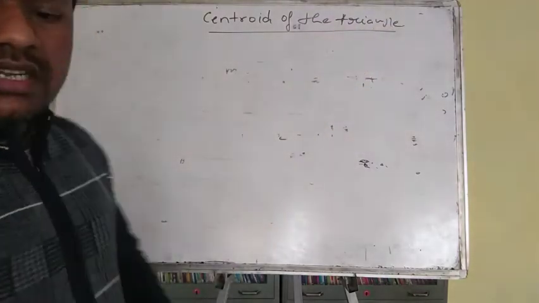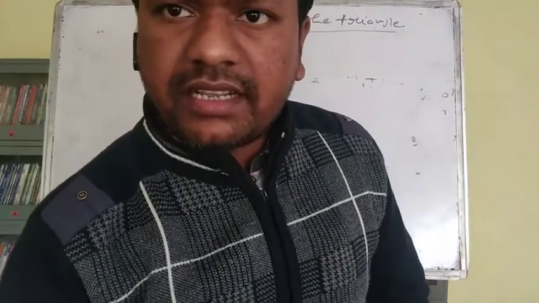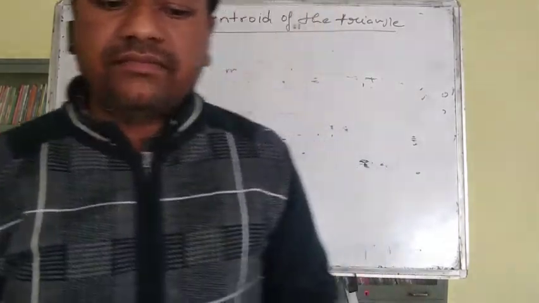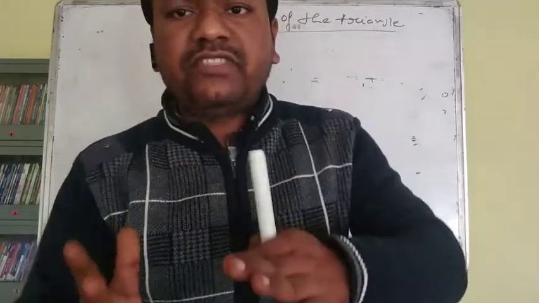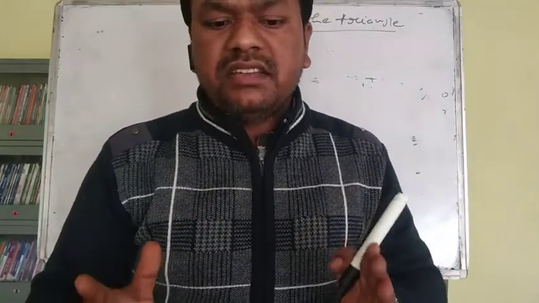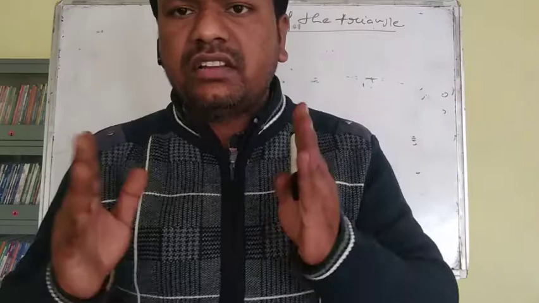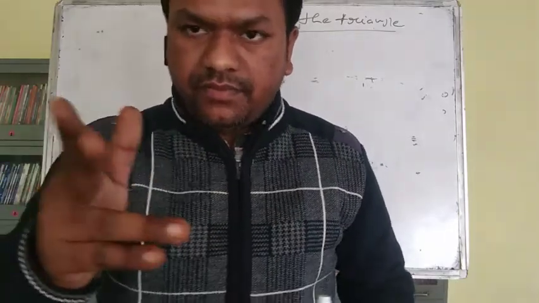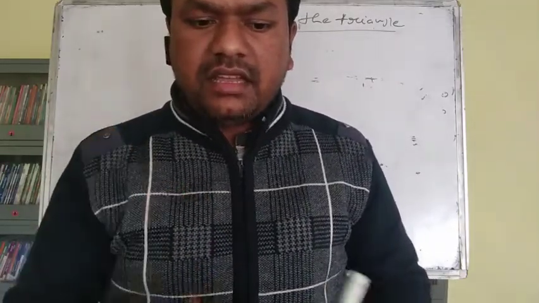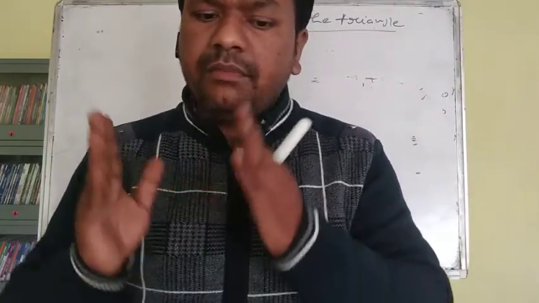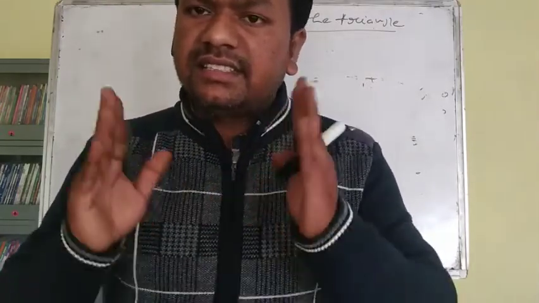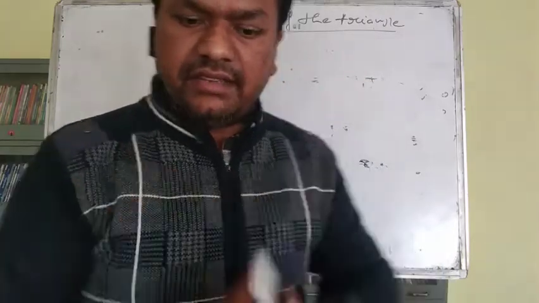Do you know about the centroid of the triangle? The point where the medians of the triangle meet is called the centroid of the triangle. Again, I repeat, the point where the medians of the triangle meet is called the centroid of the triangle.